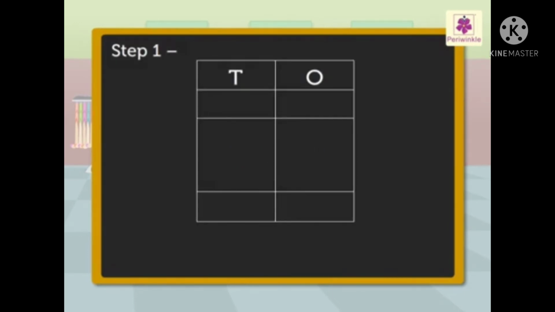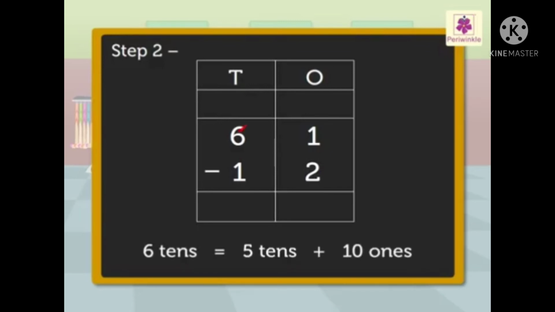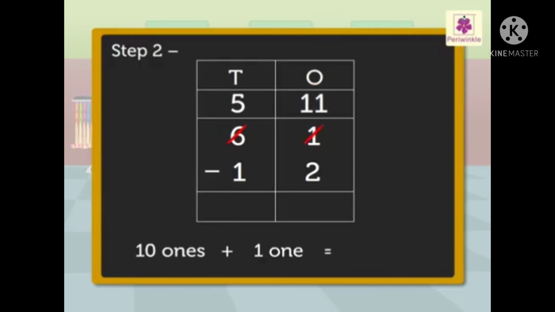Step 1. Write the numbers according to their place values. Step 2. Subtract the ones. As 1 is less than 2, we cannot subtract 2 from 1. So, we regroup the 6 tens to 5 tens plus 10 ones. Write 5 in the tens column. Add 10 plus 1 to get 11 ones. Write 11 in the ones column.